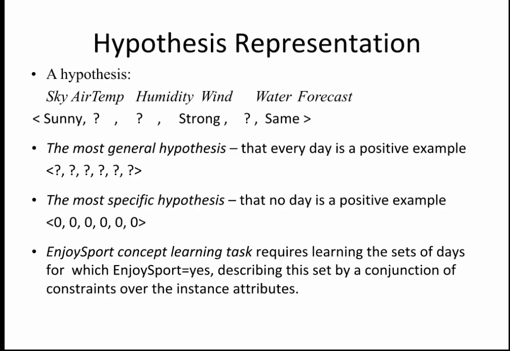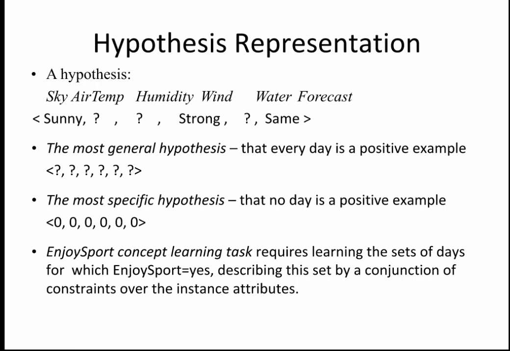Now if we say that all are question marks, right, then that particular combination of question marks is known as the most general hypothesis. The word general we are using because any value of any attribute could give you a yes for your enjoy sport.